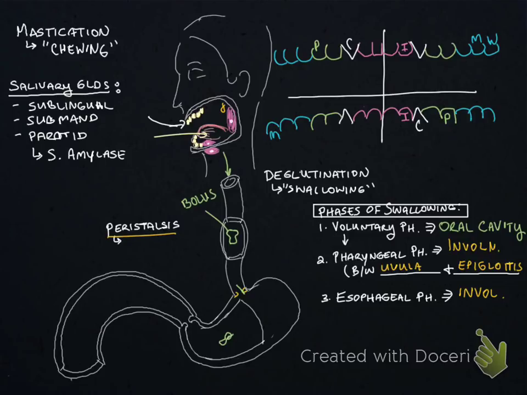And remember, here we have 3 layers of smooth muscle: circular, oblique, and longitudinal. Those 3 layers help to mix and churn this bolus into chyme.